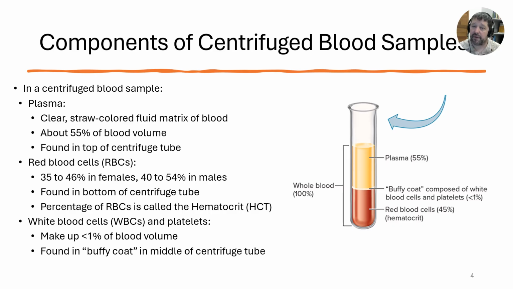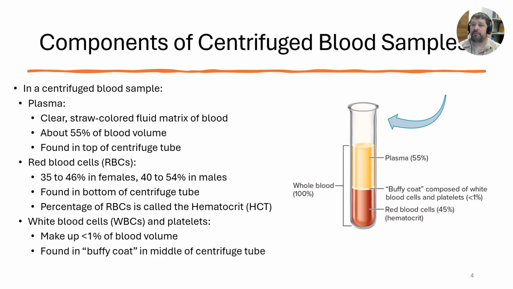By measuring the ratio of plasma to red blood cells, or even white blood cells, sometimes if the white blood cell layer is thick, it'll indicate that the individual has an abundance of white blood cells.